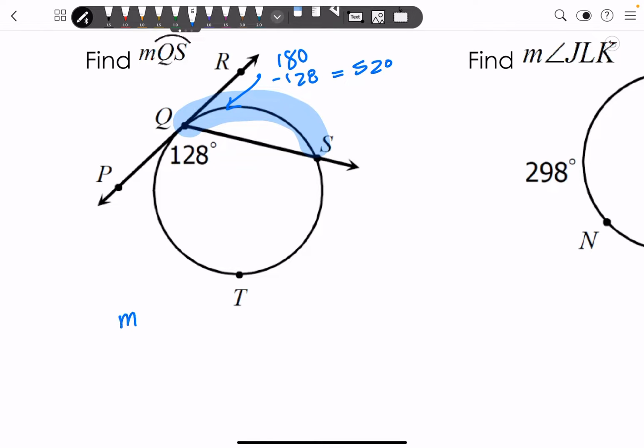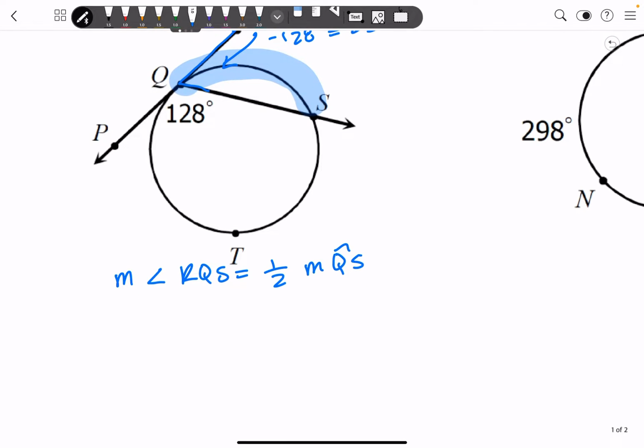So let's write it out. We know that this angle right here is going to be half the measure of its arc. So the measure of angle RQS is equal to half the measure of arc QS.